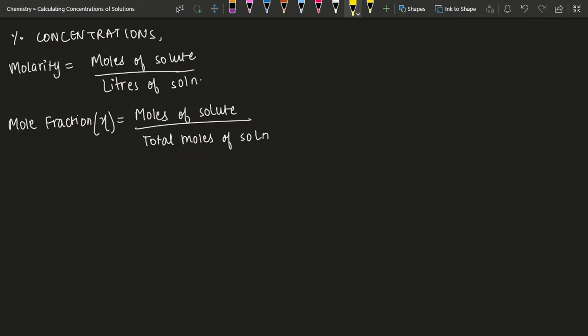So we have been talking about percentage concentrations for solutions. We talked about molarity and mole fraction in the previous videos. And if you look at molarity once again, what it gives you is moles per liters of solution.